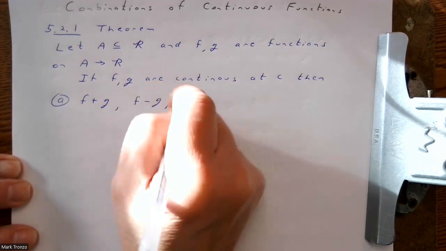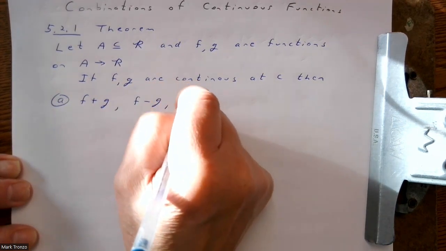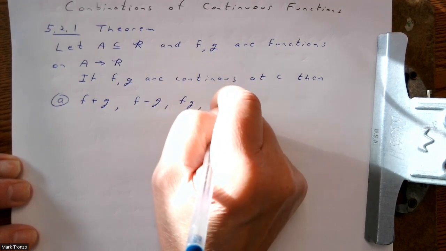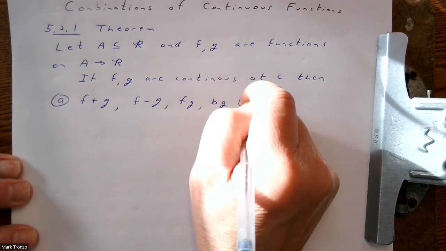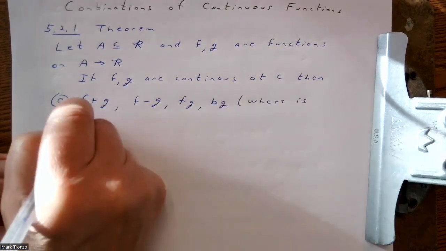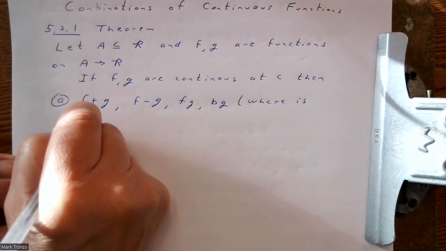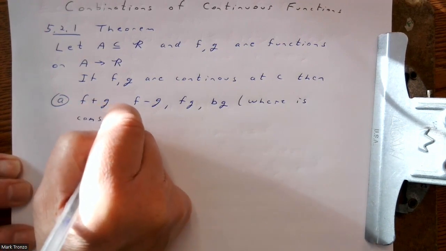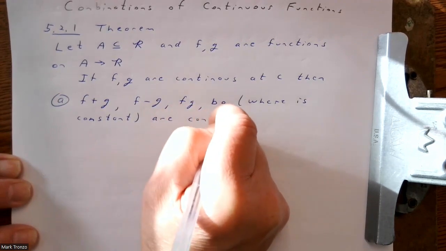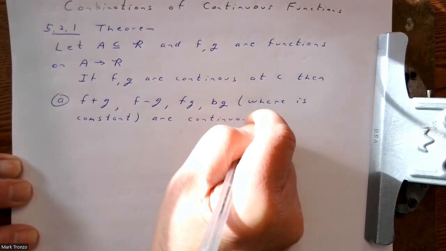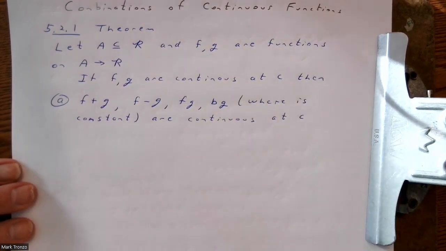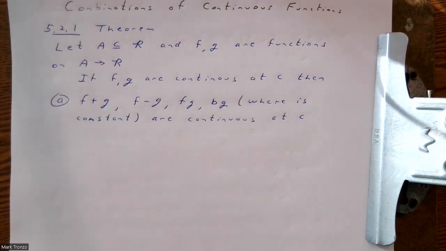The difference of the two is continuous. The product of the two is continuous. And b times g, where b is a constant, is continuous at c.